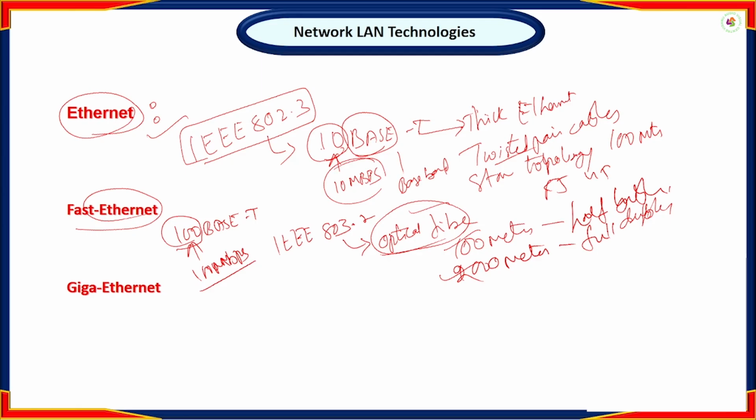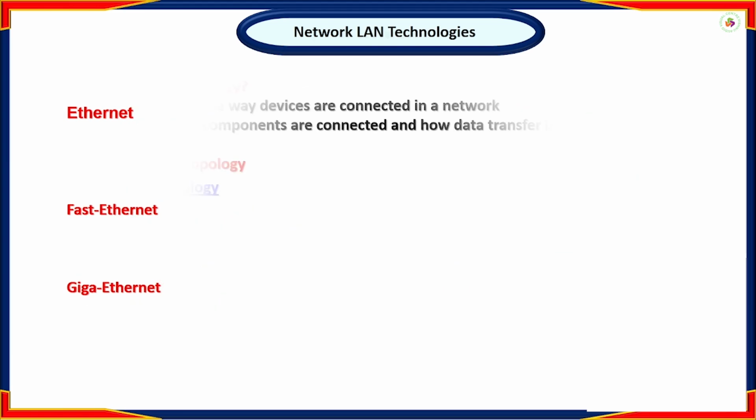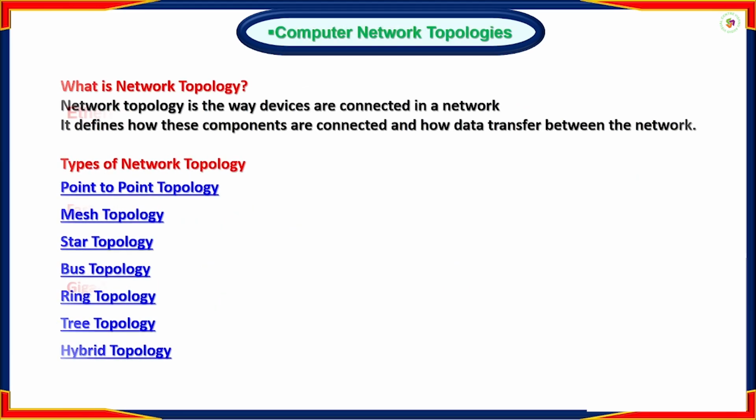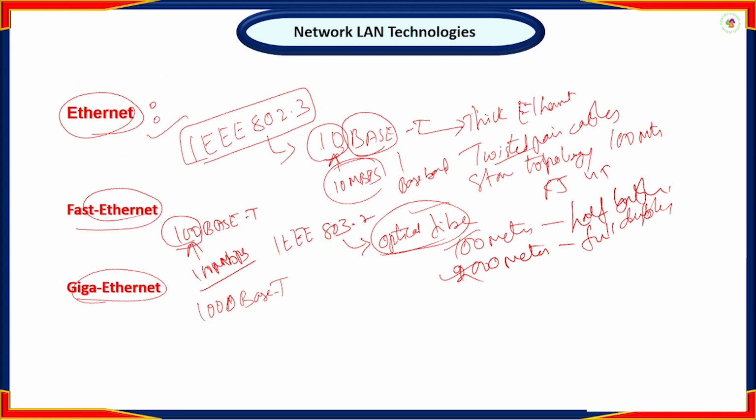And then coming to the last one, Giga Ethernet. For Ethernet it is 10, for Fast Ethernet 100, for Giga it means 1000. 1000BaseT, 1 Gb of speed. Here the speed is 1000 Mbps.